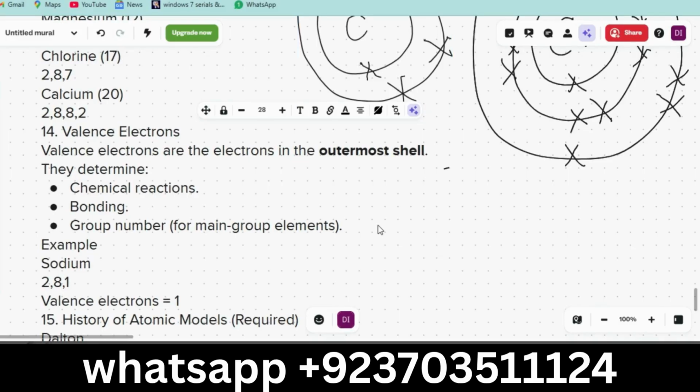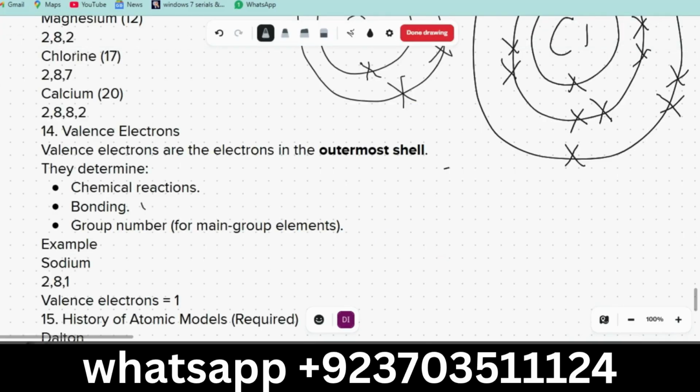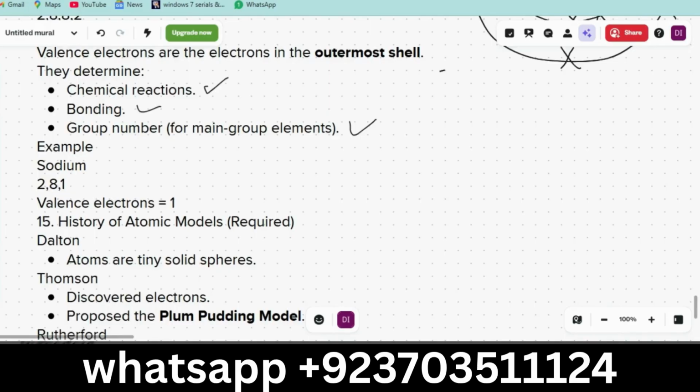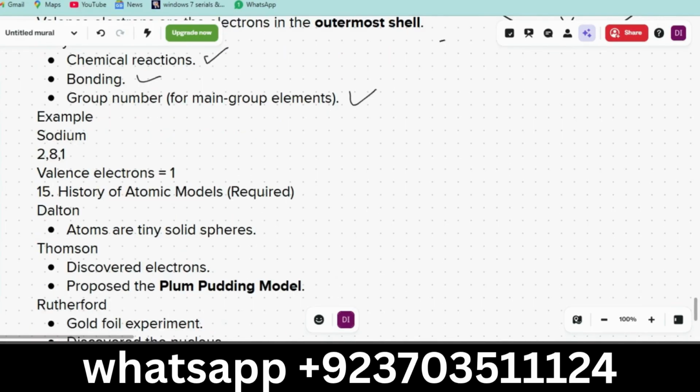They are used for chemical reaction, for bonding and group number. Example is sodium 2, 8, 1: the valence electron is 1.